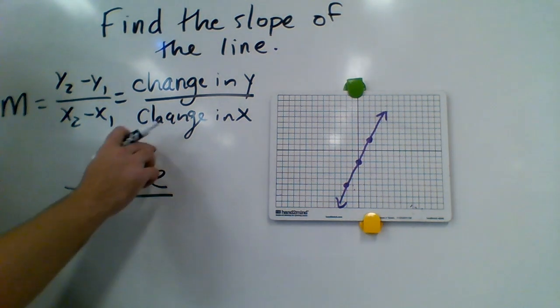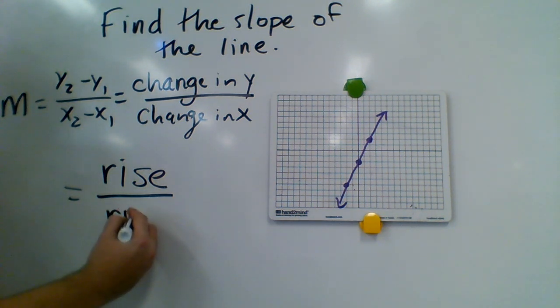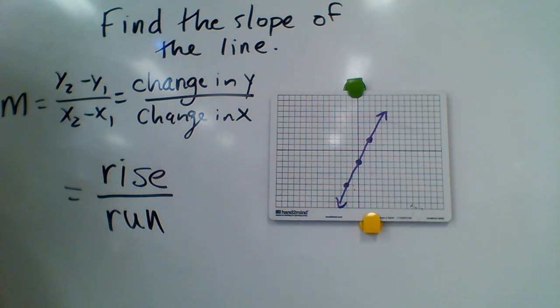Then our change in x is going left and right. Another way of saying that is our run. So we've got our rise over our run, and I'm going to be saying that a ton in the next few weeks here. Our slope is our rise over our run. How much do our y values change by divided by how much do our x values change by?